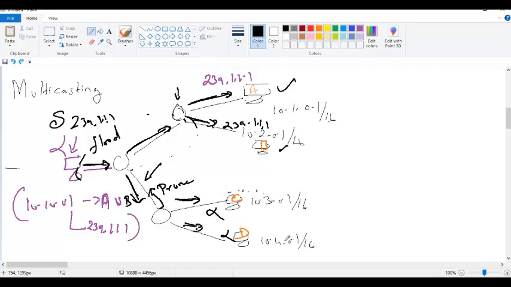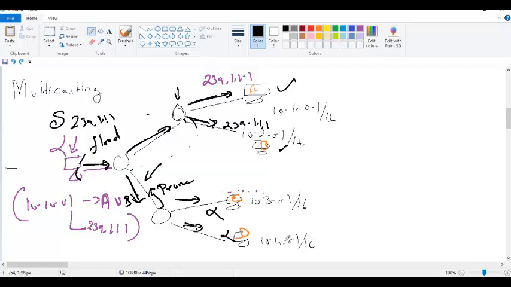With the help of a mediator called the rendezvous point, the source will know about the group members, and the flooding will be done only on those links where the group members are.